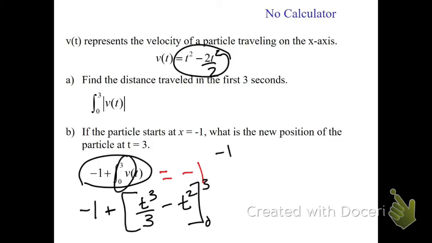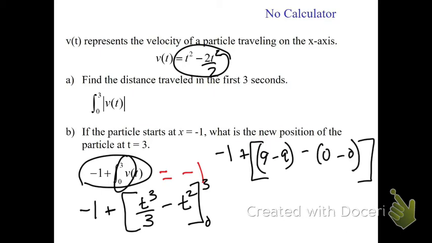Keep that -1 out front. Keep your parentheses. Plugging in the 3, I would get 27 over 3, which is 9, minus 9, minus, plug in the zeros, and just be real careful with parentheses and your signs. And you can see that this one does give 0, so our answer is just -1.